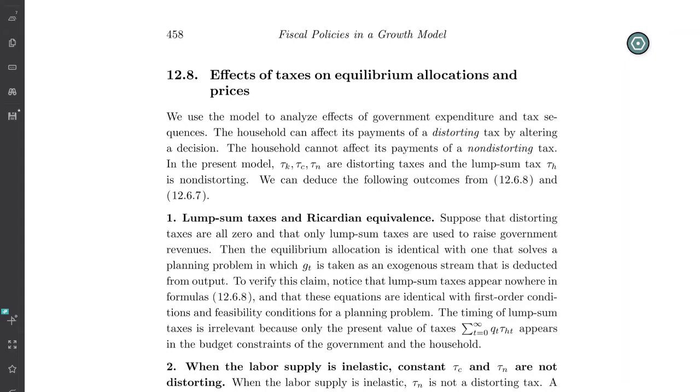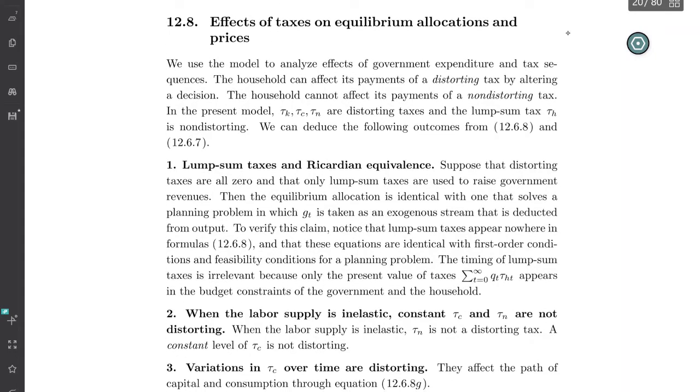I'll just give you a little reader's guide. Lump sum taxes and Ricardian equivalents. You'll see this. So the timing of lump sum taxes has no effects on either prices or allocations.